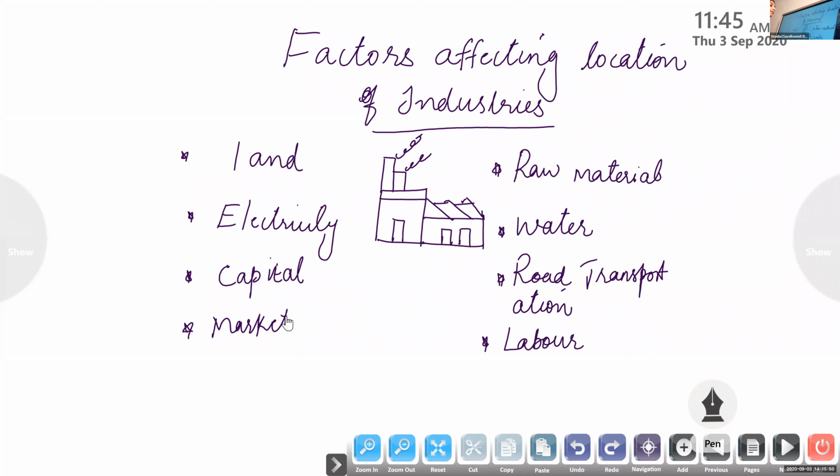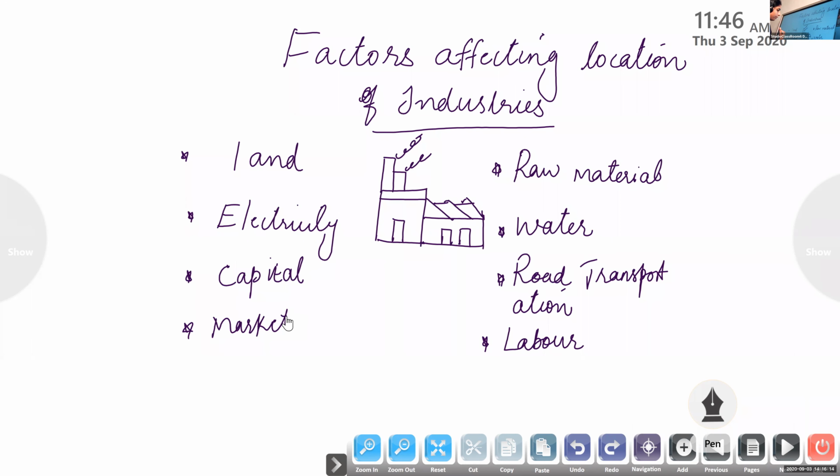Then what else? Raw material is a basic thing in an industry, right? Most of the industries are located near water bodies because of the availability of water or easy transport of goods.